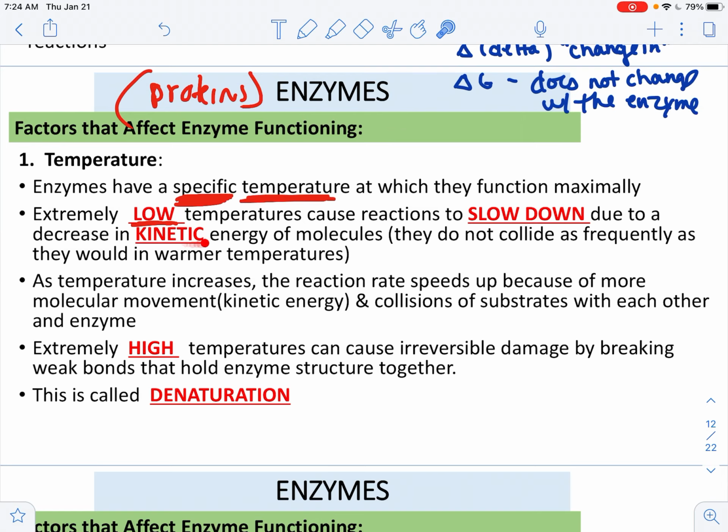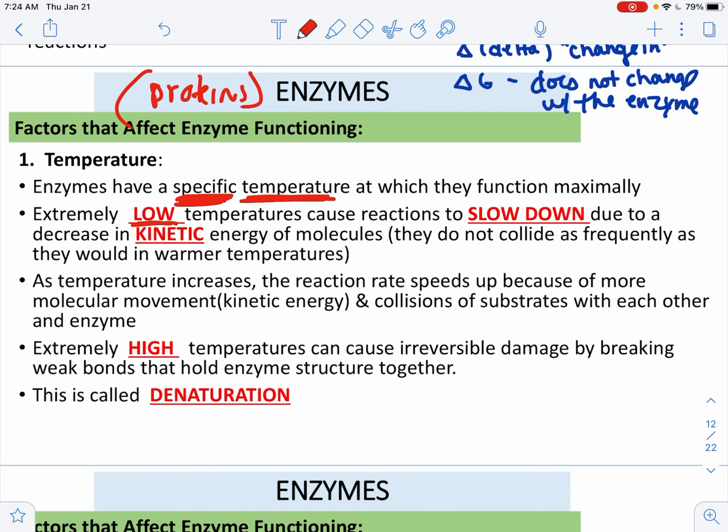We call kinetic energy the molecular movement. So as you heat something up, the molecules move more, and we say they have more kinetic energy. As the temperature increases, regardless of an enzyme, in any reaction, the reaction rate will speed up just because there's more molecular movement, more kinetic energy.